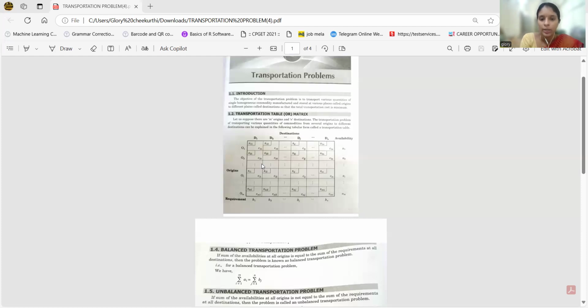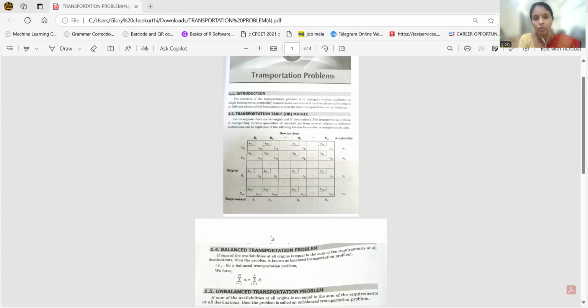There are two types of transportation problems: balanced and unbalanced. The given problem is balanced if the total sum of availabilities at the origins is equal to the sum of requirement values at the destinations.